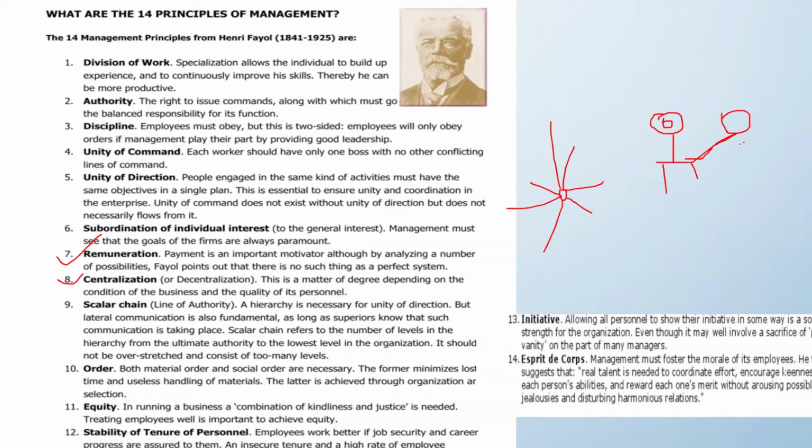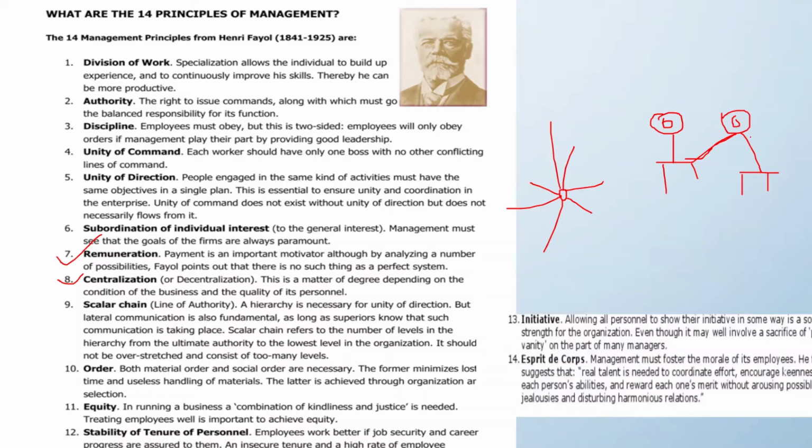There is one more department, and all the employees in that department report to its departmental head. That will be decentralization.